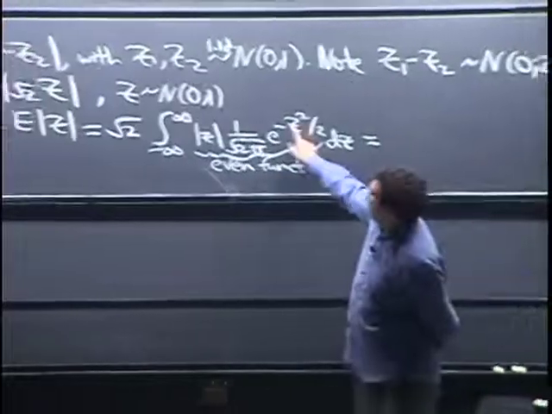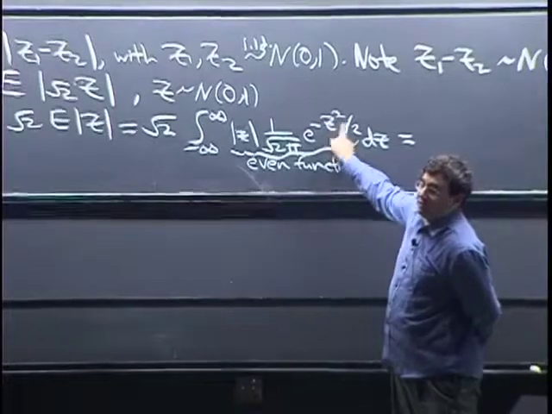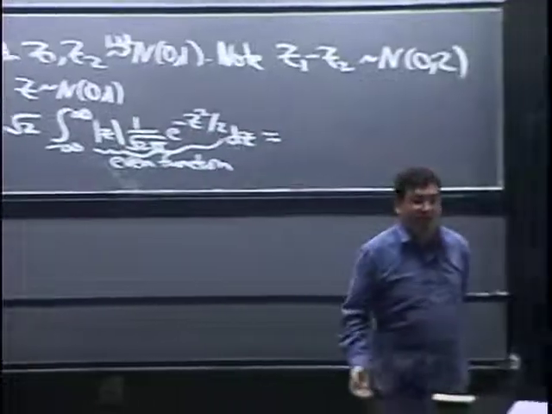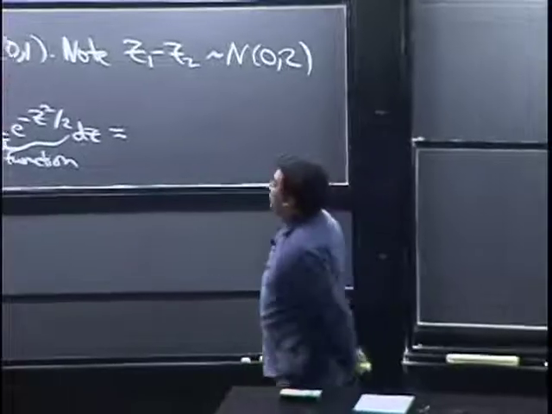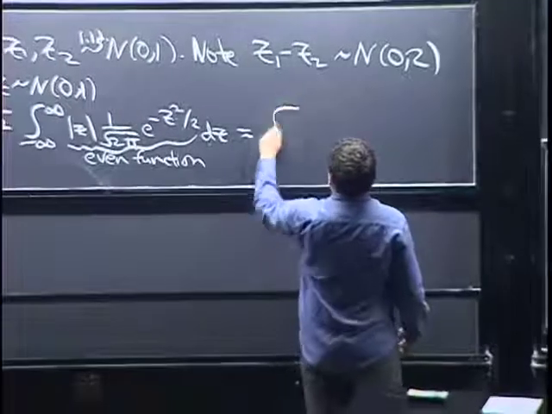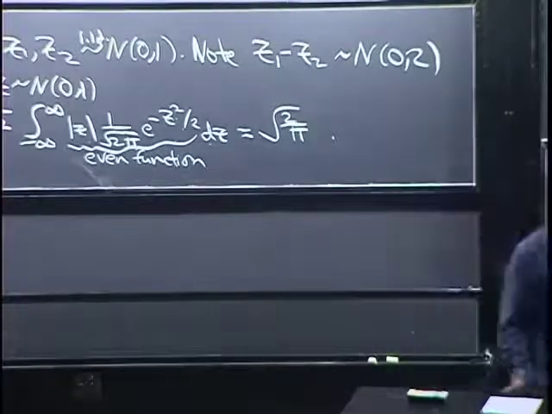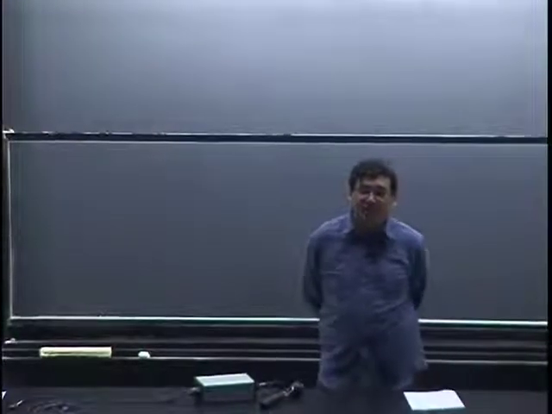Because you can just let u equal z squared, or u equals z squared over 2 if you like, and then you get exactly what you want. So that's then an easy integral. And if you simplify it, you get square root of 2 over pi, which should be an easy calculation. It's also on the Strategic Practice, so I won't write out more of that calculation. So then that becomes just a simple one-dimensional LOTUS. That's a much better way to think of it.